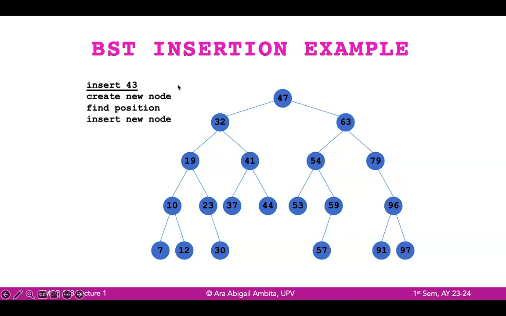For example, we have this tree, and the root node is 47, and then this is the left subtree and the right subtree. As you can see, if we look at the keys on the left, these are all less than the keys on the right subtree of 47.